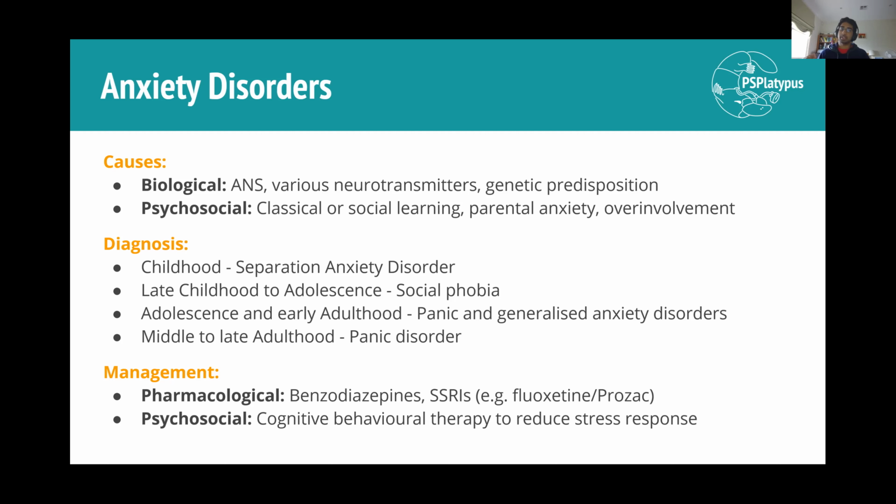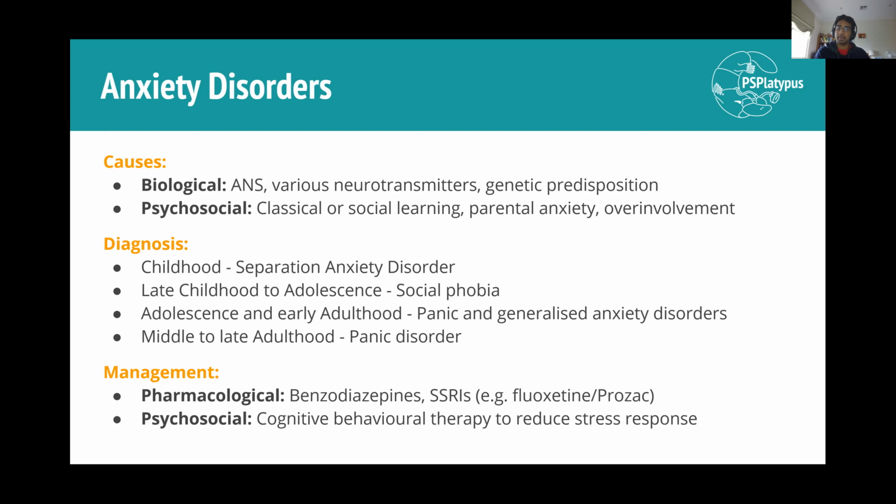So it sort of changes over time. So in childhood, you might have a kid who's very clingy to their parents and doesn't like being abandoned there. You might then have social issues in your sort of formative years, and then you can have sort of panic situations where people are put in a stressful situation and don't handle it well during adulthood. So in terms of management, we again have quite a wide range of treatments available for it.